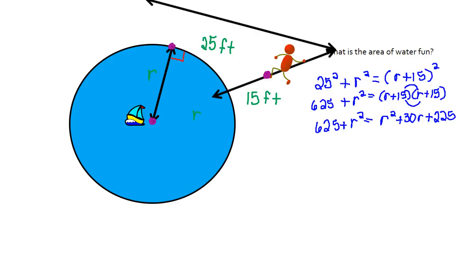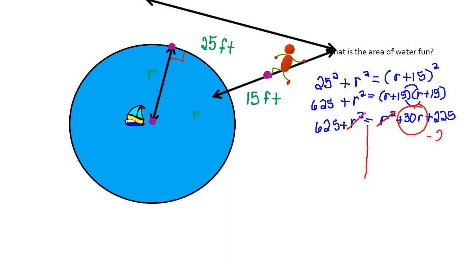Now, basically, we have to get some sort of r all by itself. And the handy person will notice, hey, on both sides of the fence here, we have an r squared, which would just cancel each other out. And so I want to get the 30r all by itself.